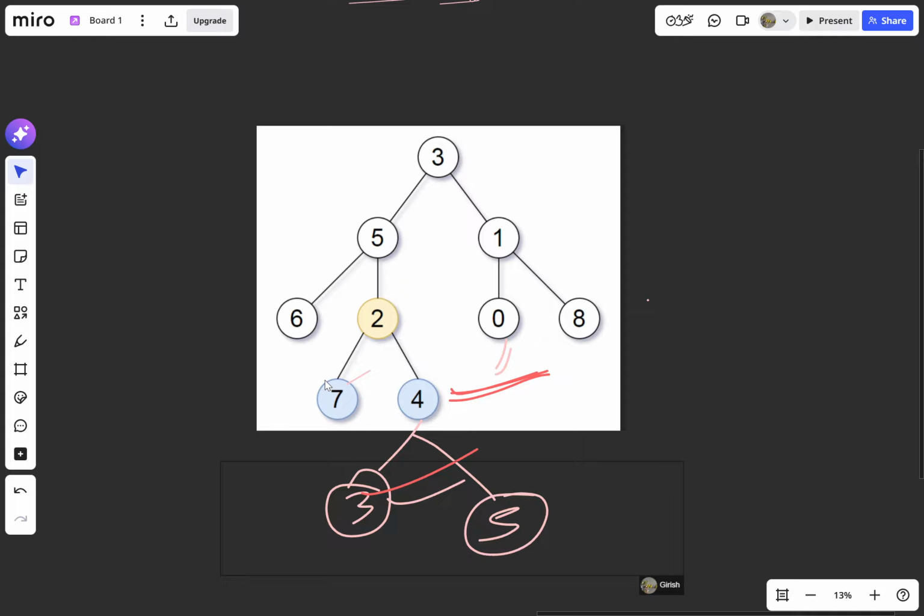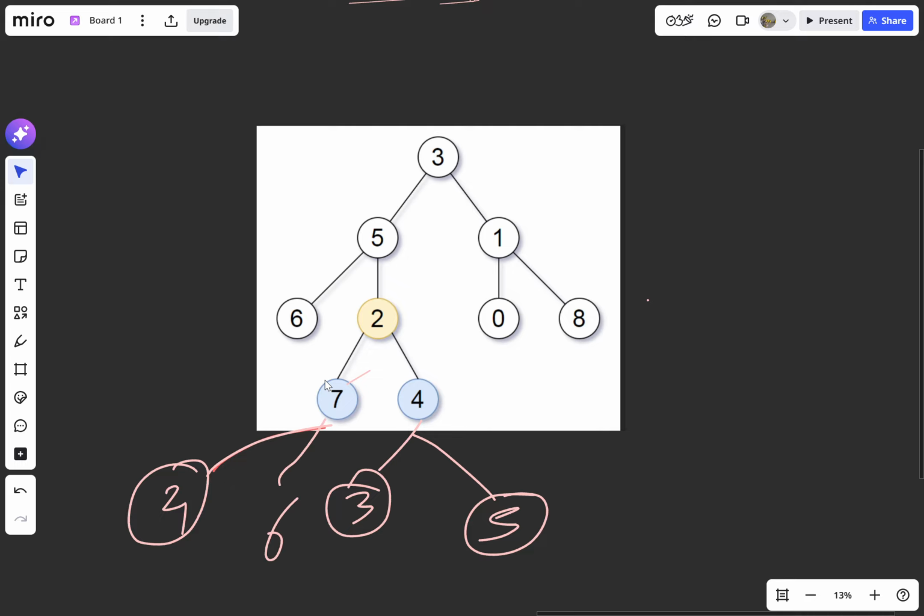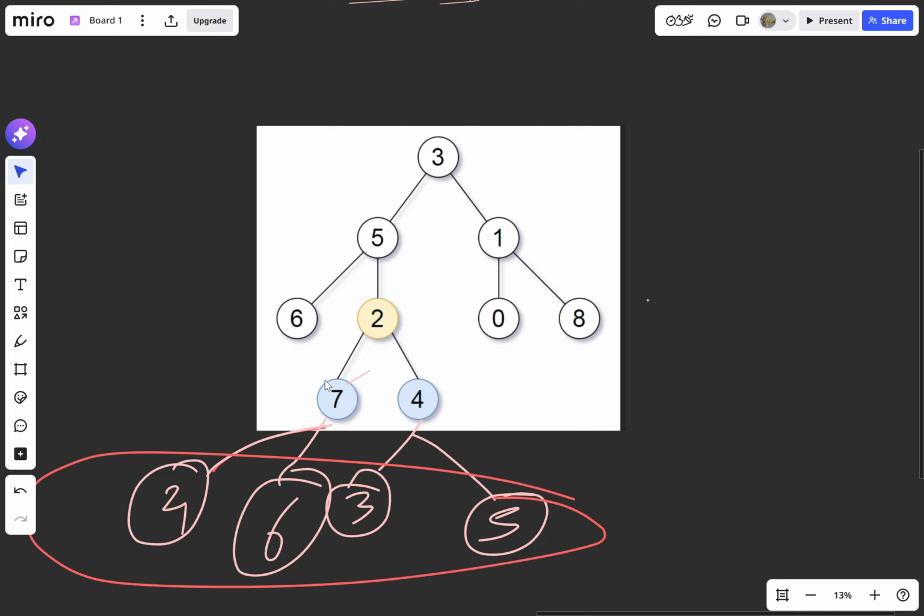Now let's see another example. 7 contains the children 4 and 6, and 2 also has children. Now we have to figure out the lowest common ancestor for 4, 6, 3 and 5, because these are the deepest nodes.